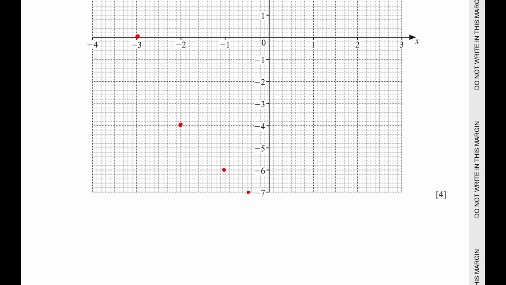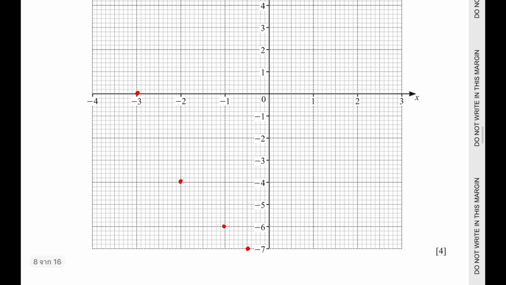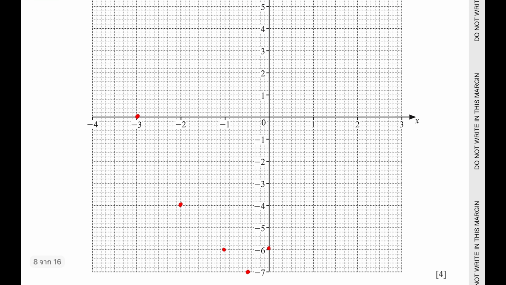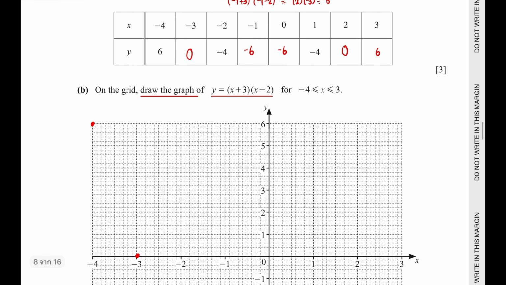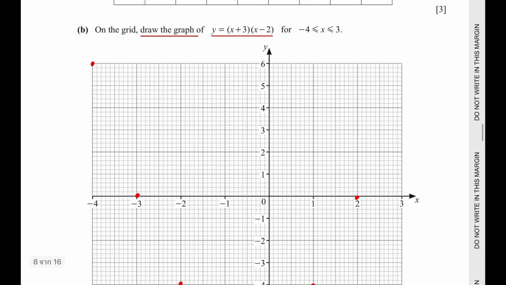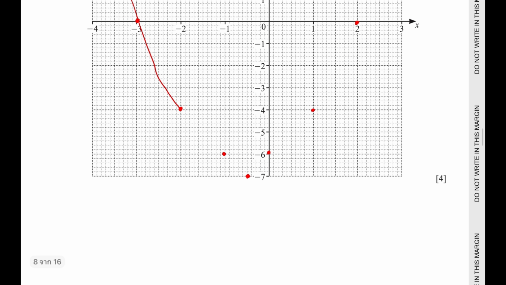So maybe this point is the lowest point, then 0 and negative 6, and 1 and negative 4, 2 and 0, and 3, 6. Okay, so the curve will be like this.